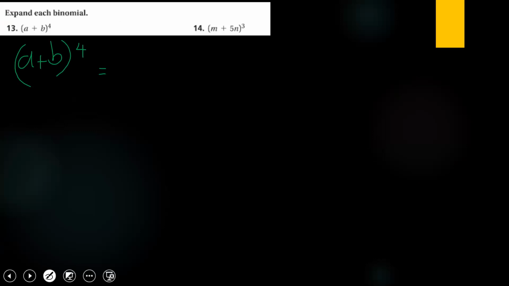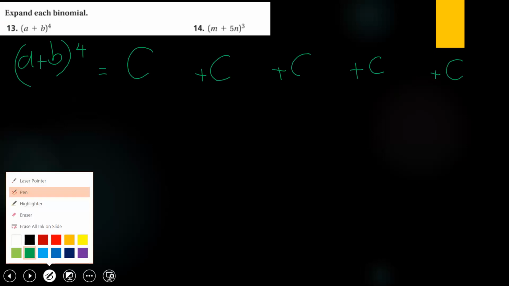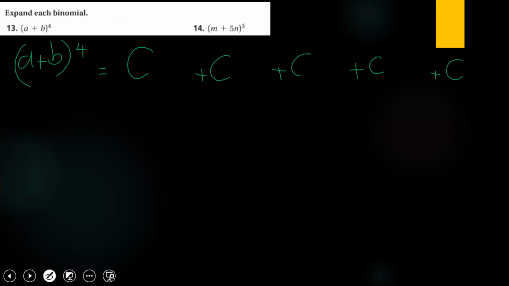Here, what did we have? We have to write 5c like this. We have 5 combinations. Then c. Then we have to write then a, a, a, a. Then b, b, b, and b.